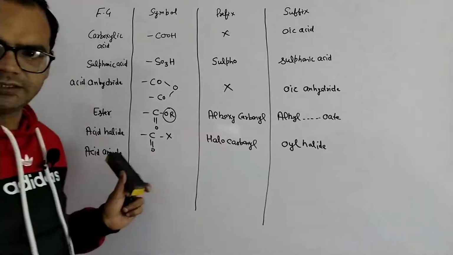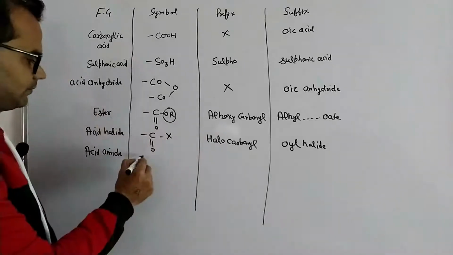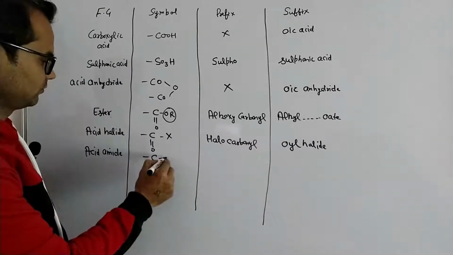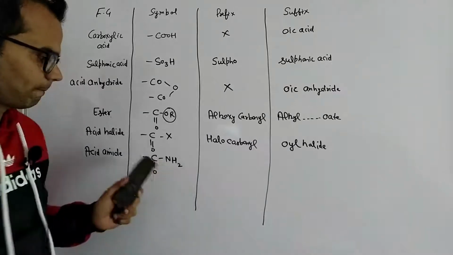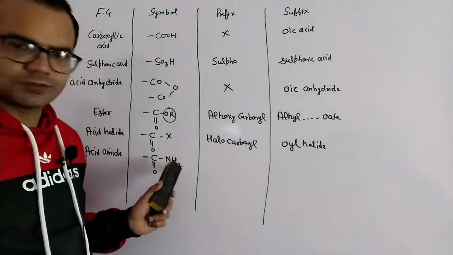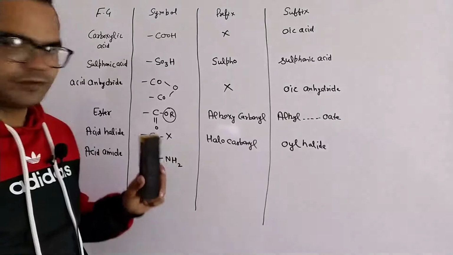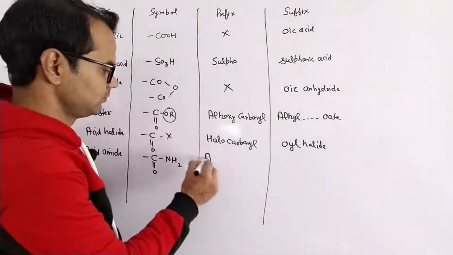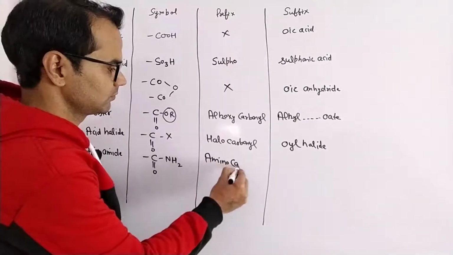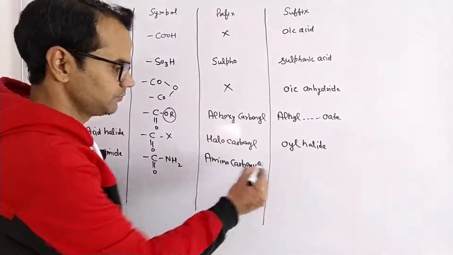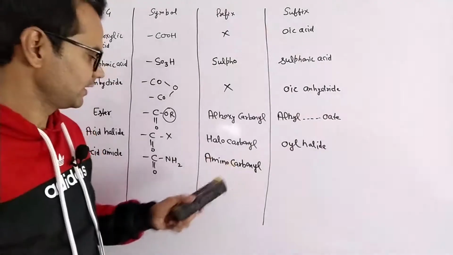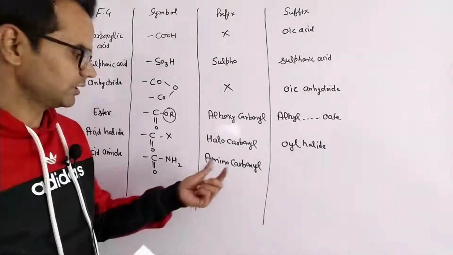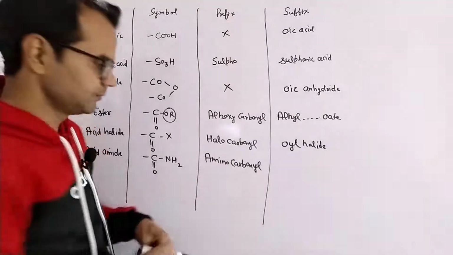acid amide. Its symbol is CONH2. Two prefixes can be used: amino carbonyl, or we can say carbamoyl. The combination of amino carbonyl is also known as carbamoyl.